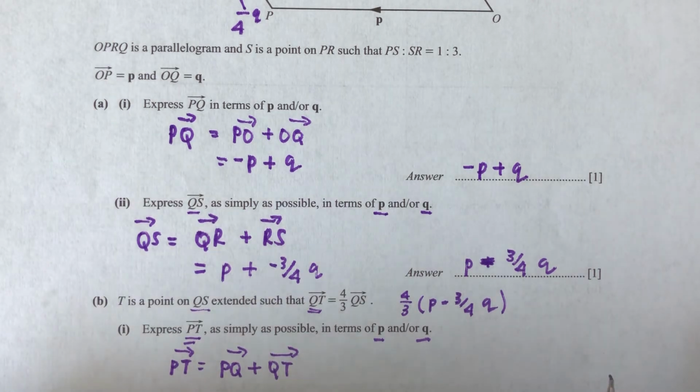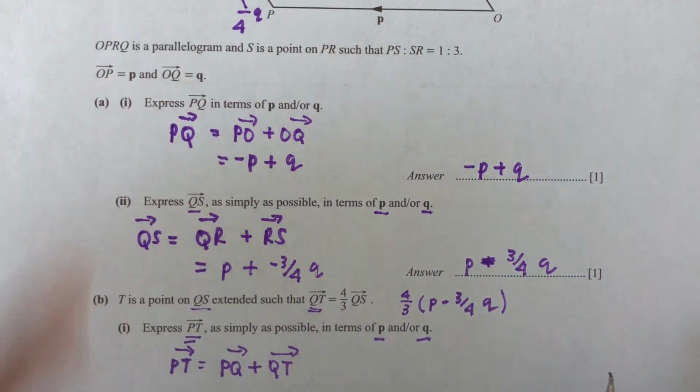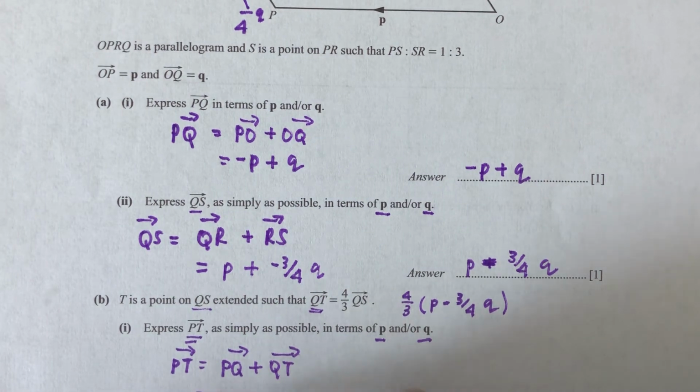PQ we found in the first part. PQ is minus P plus Q. QT is given to us, 3/4 of QS, which is P minus 3 over 4Q. We just have to simplify.